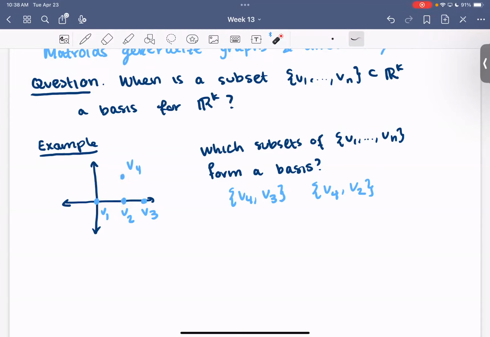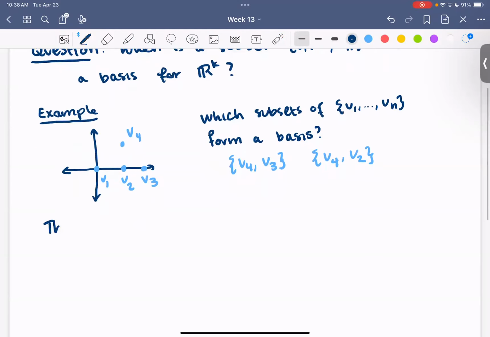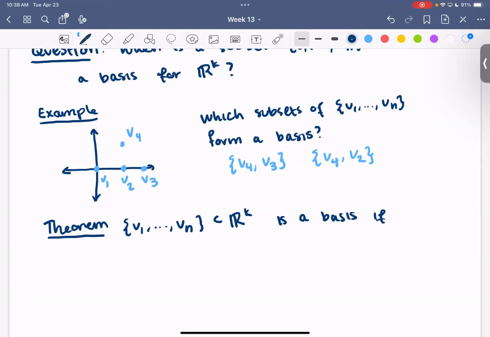We had a theorem in linear algebra which said that v1 up to vn inside of R^k is a basis if any two of the following are satisfied.